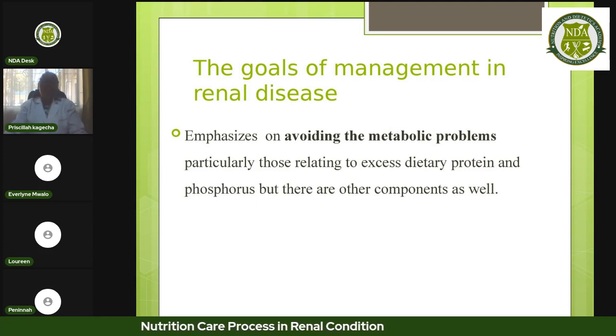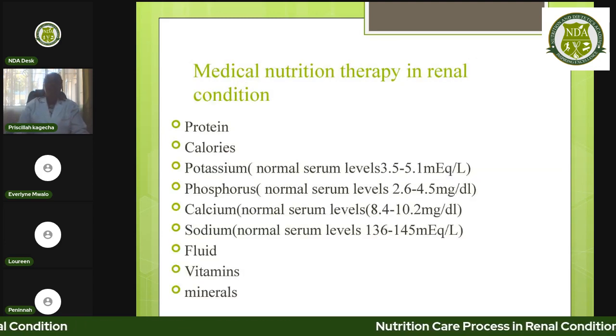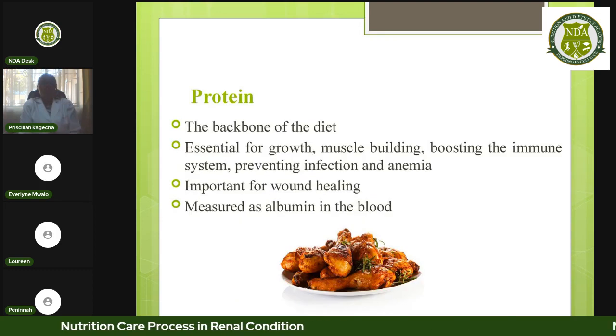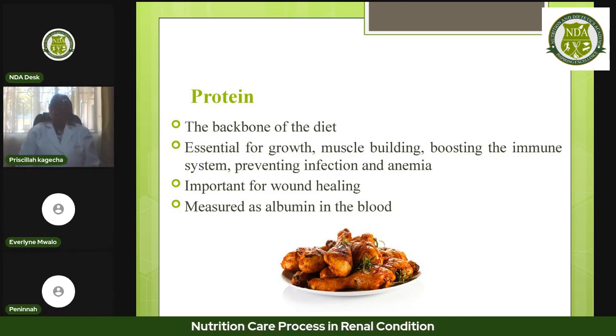Let's talk about protein in management of renal disease. As we all know, protein is the backbone of the diet. It is essential for growth, for muscle building, boosting your immunity, preventing infection, and many other things.